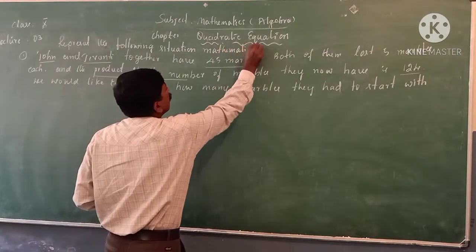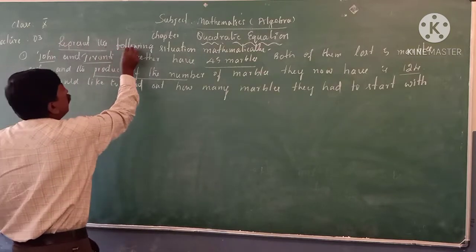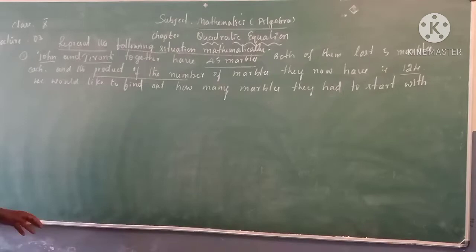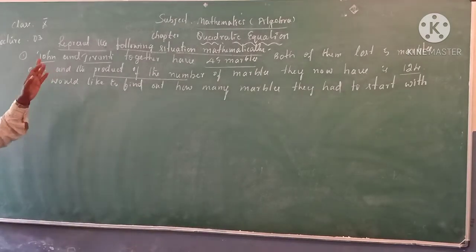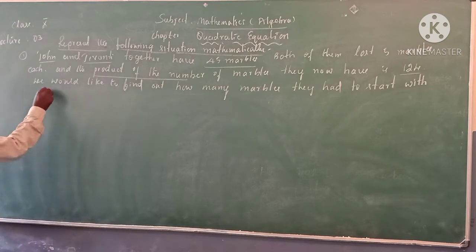Now here is a situation. You have to represent this situation numerically. So now, let us consider John and Jeevanti.